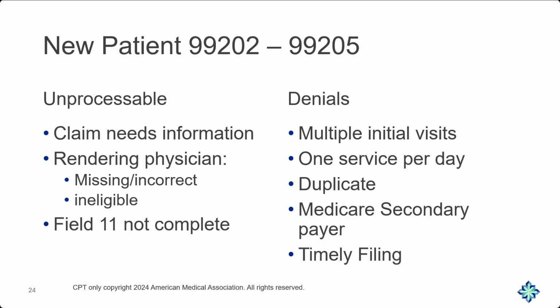We need something there. Now for new patient denials, you could have multiple initial visits, and we talked about that particularly with those non-physicians, nurse practitioners, physician assistants. Two initial claims come in. They saw a nurse practitioner for internal medicine and a nurse practitioner for cardiology. They both have a nurse practitioner specialty.